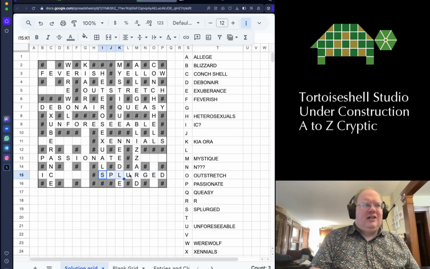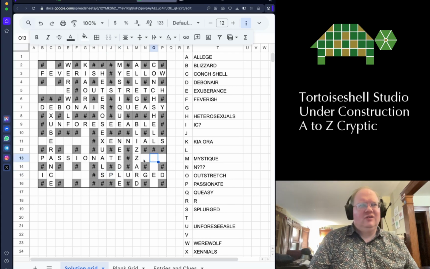This SPL is hard, but we have urged, so it could be like some bits and pieces to get SPL. Then this can wait.